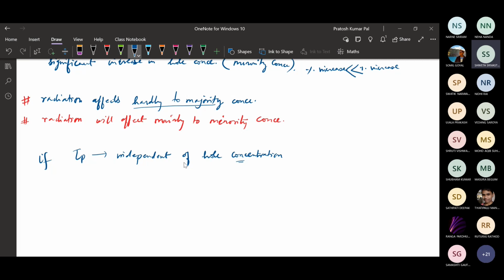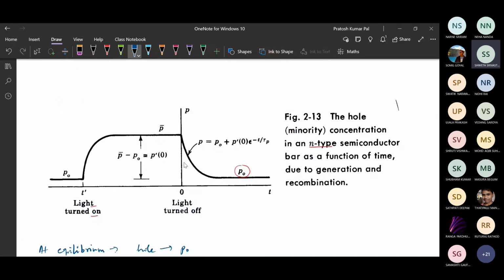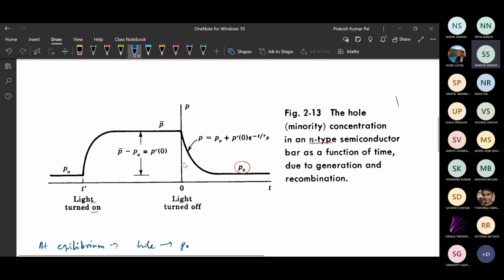then the decrease in hole concentration per second due to recombination will be given as follows. Initially it was p naught, now it is p dash, and this p indicates the general value of holes.